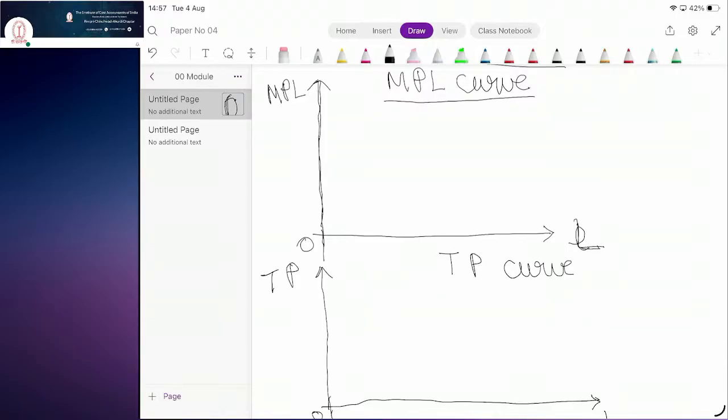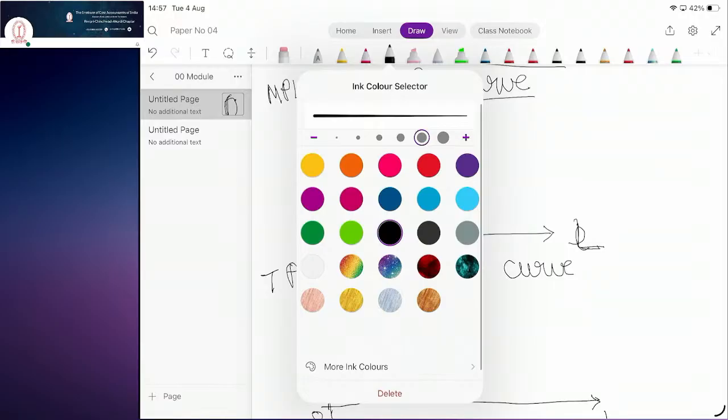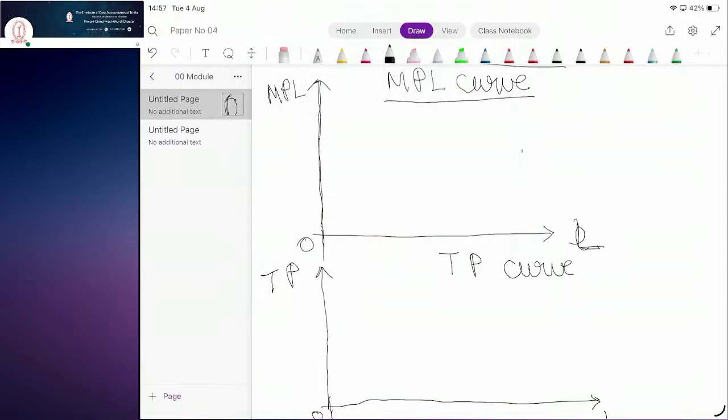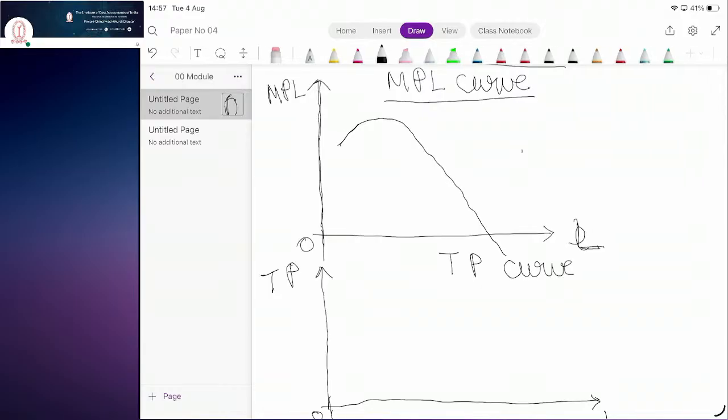Now what you need to do is, see the general nature of the marginal product of labor curve. Marshall said it was like this, something like this. Draw a graph like this, all of you.